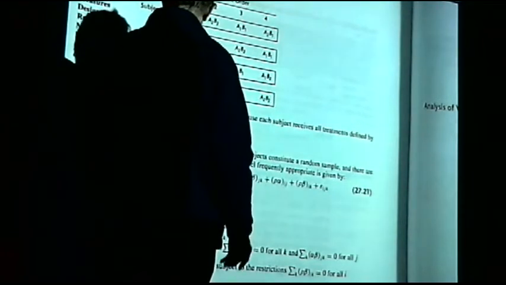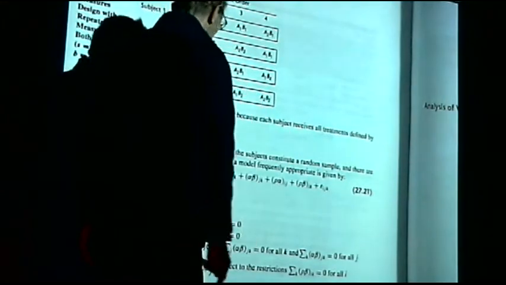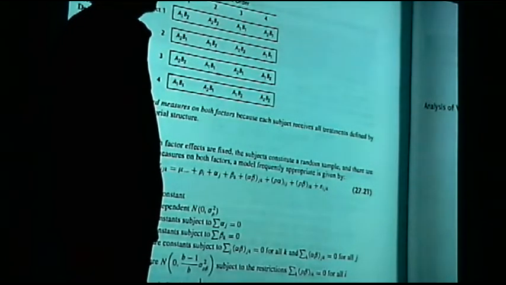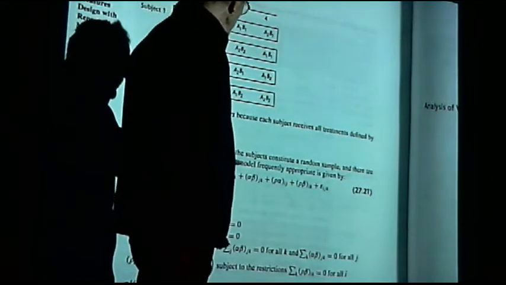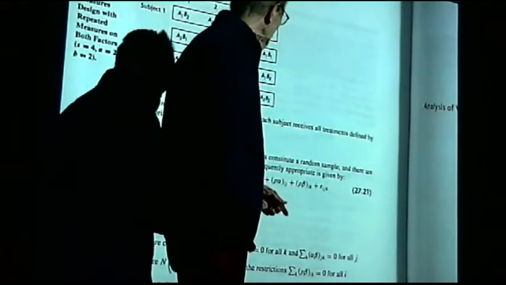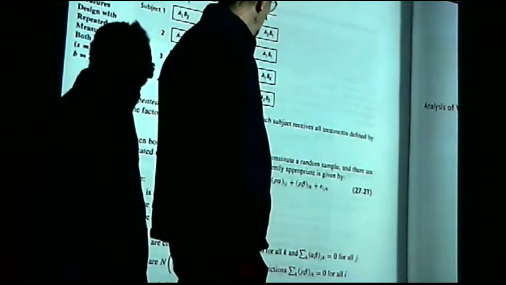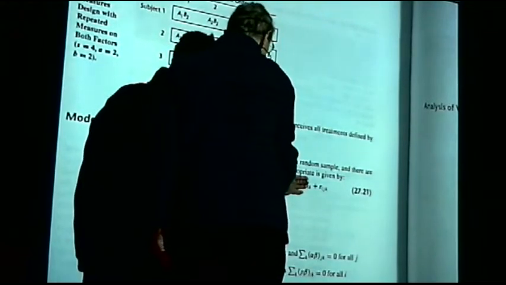So in data with this kind of a structure, we use this model. Notice it's a different model. I don't have subjects nested in anything, right? I have a subject term, A, a B, an AB interaction, and then they add in the interaction between subjects and A and the interaction between subjects and B. Now I've seen other references where these two terms are not included in the model.